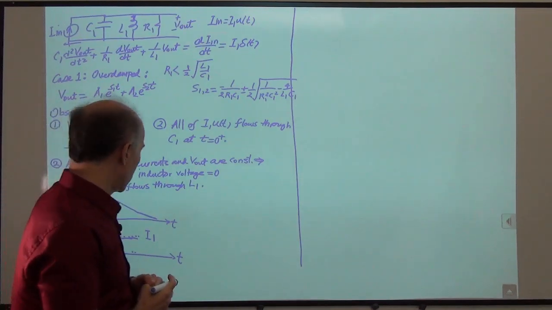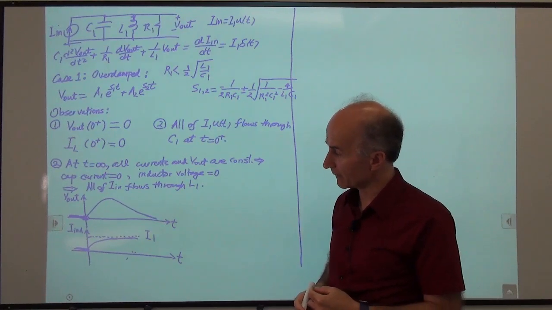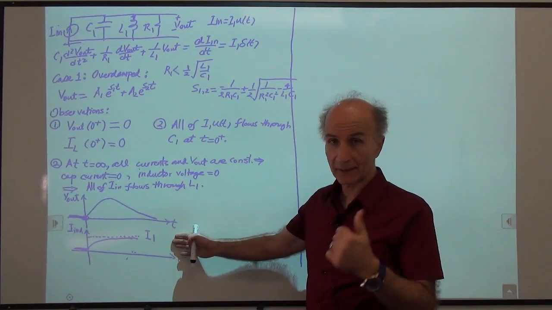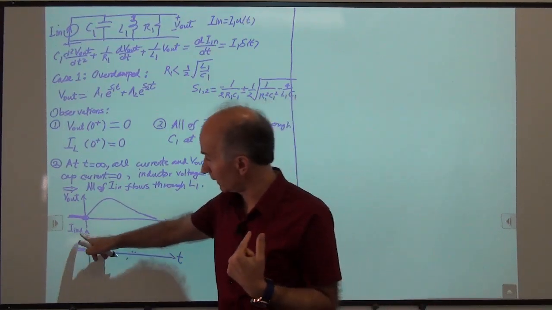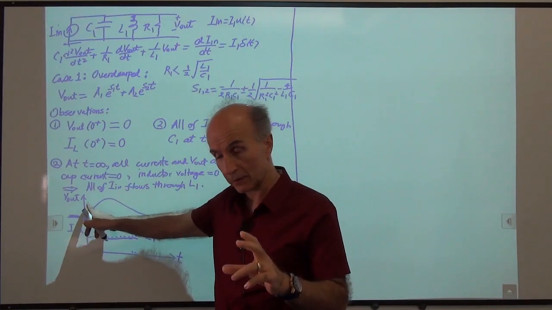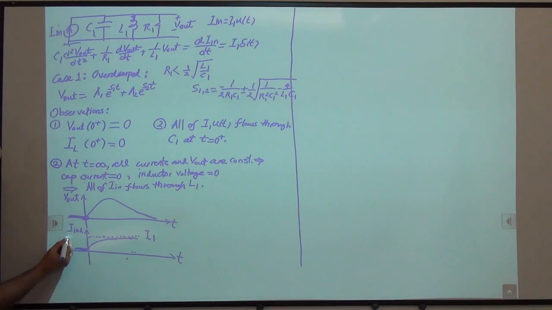So let's eyeball these results for a moment and make sure that they all make sense. I want to perform the same analysis as I did last time for the current at the inductor vis-a-vis the voltage that you have across the inductor. So what we know is that the current through the inductor is equal to 1 over the inductance value, integral of the voltage across it.